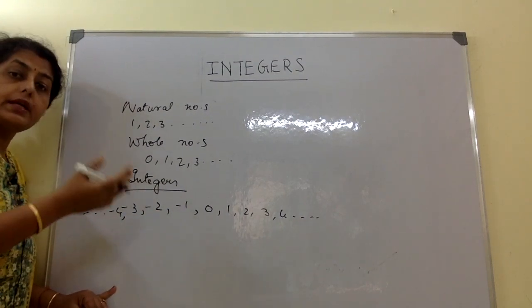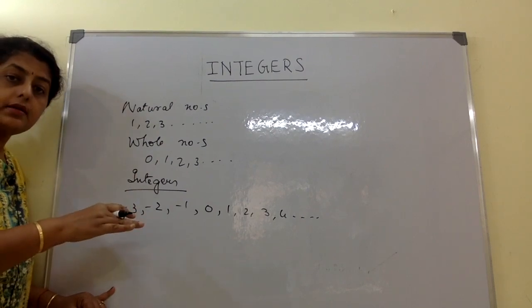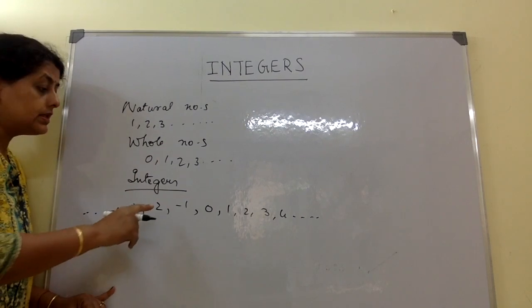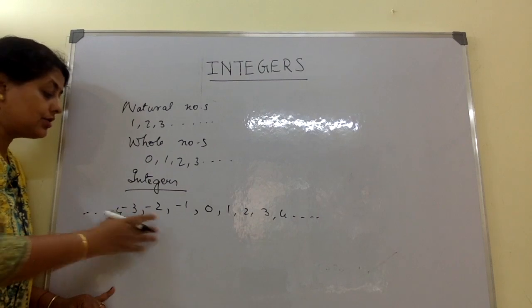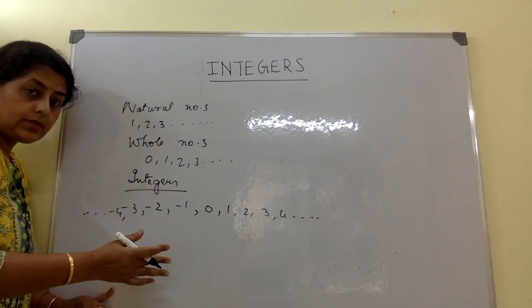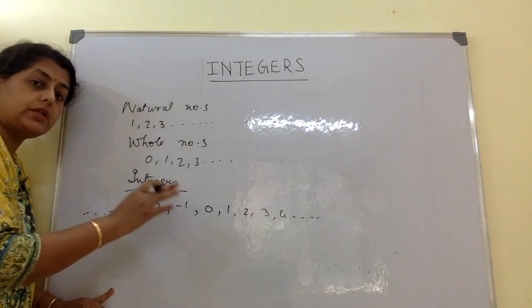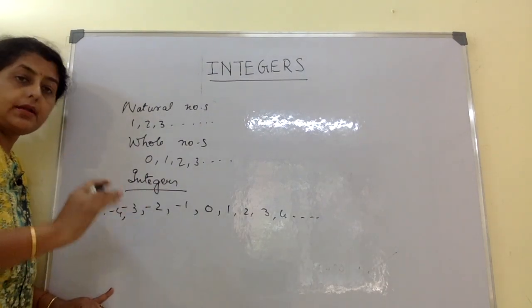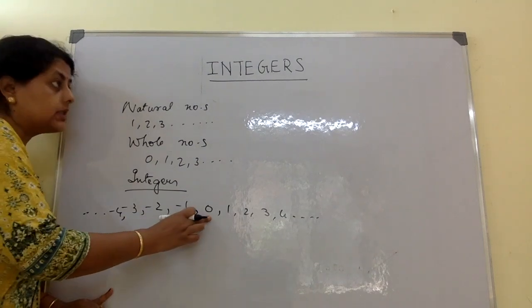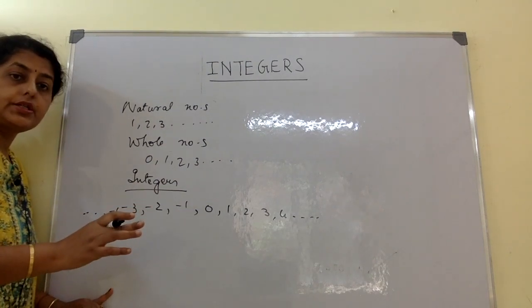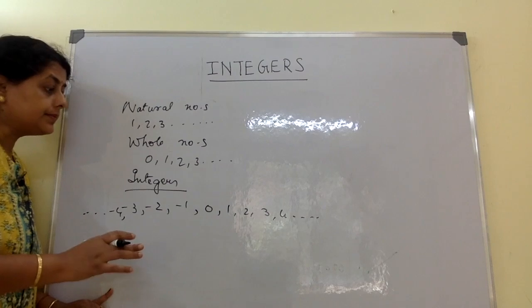But what we don't take in integers are fractions. We don't take fractions on the negative side, nor on the positive side. So we just take these whole numbers, positive, negative, and also 0. Mark it that we also take 0 in the list of integers.